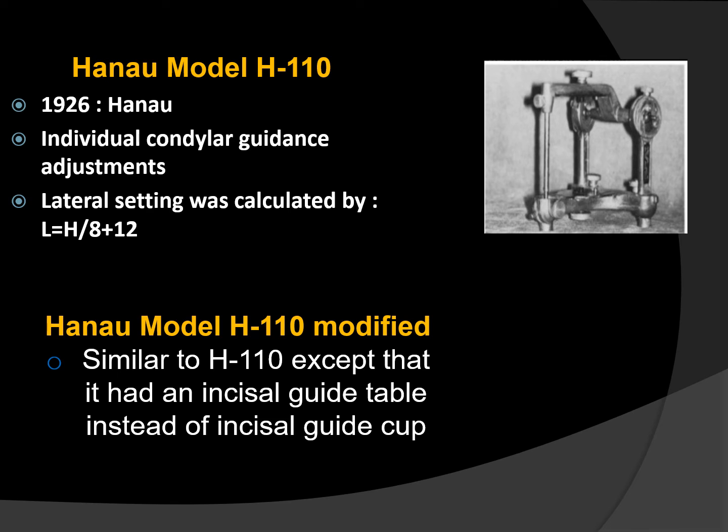Then in 1927, Hanau model H110 was modified, and here an incisal guide table was introduced instead of the incisal guide cup. This incisal guide table allowed for adjustments in 3 dimensions through a considerable range.